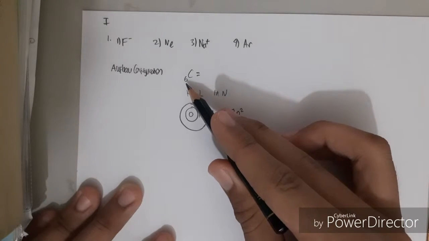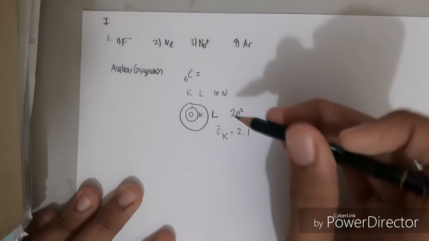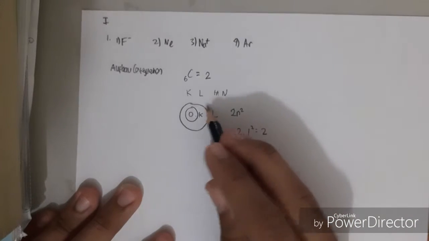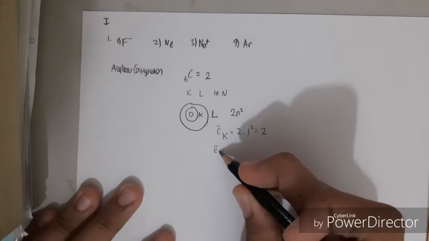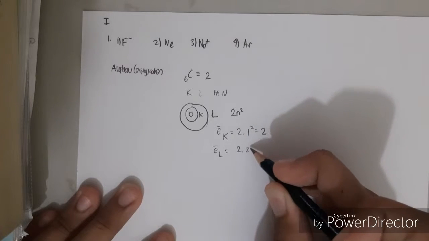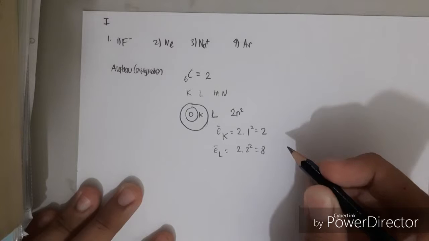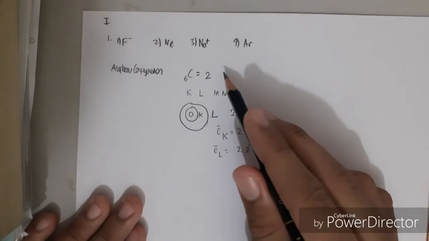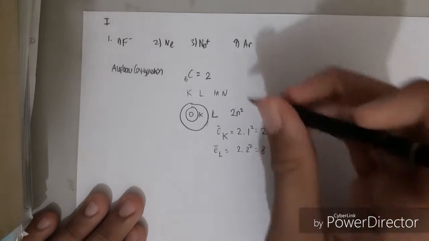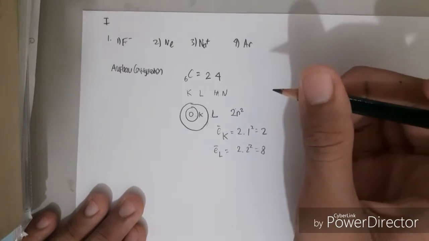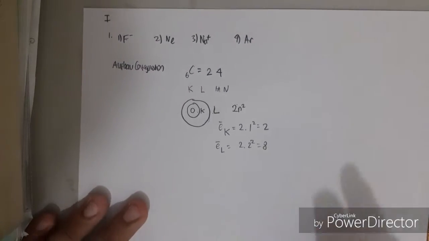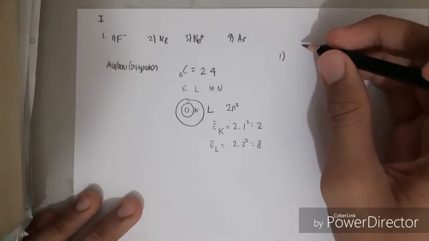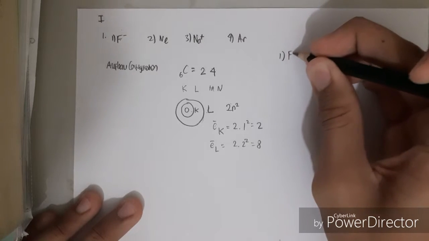Since there are 6 electrons, first is 2, and the other electrons should be in the second shell, right? In shell L, the maximum number of electrons is 2 times 2 squared, which is 8. But since we have already inserted 2, we need 4 of the electrons. So we put 2 and 4. The same applies to the fluorine ion.